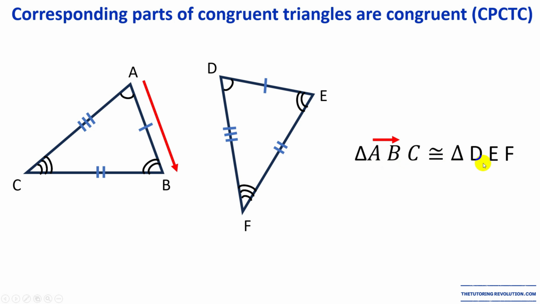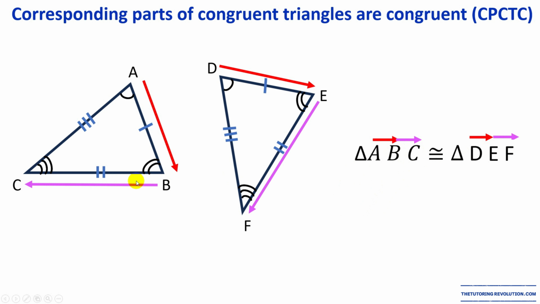Here, these two triangles are properly labeled. So if I go from A to B, this side, that will be congruent to DE. You see, both of them have one tick mark. We know that this side and this side are congruent to each other. Now, if we label BC here, B to C, that has to be congruent to the side EF.